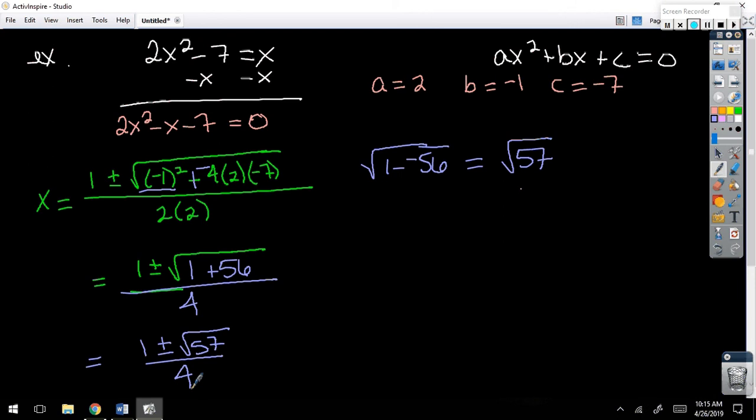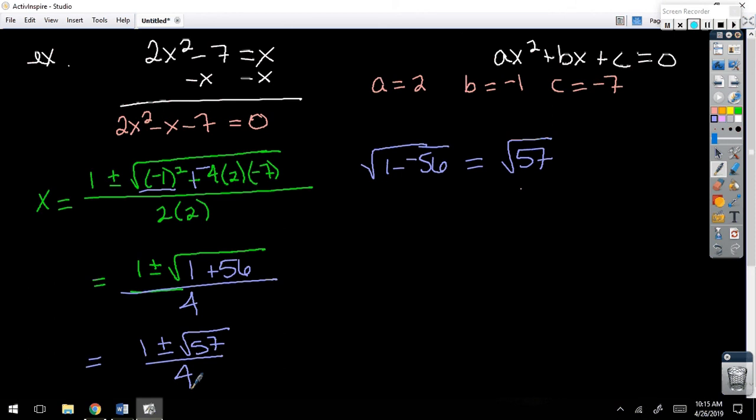Does 57 have a perfect square? No. Since it doesn't, I leave it as the square root of 57. Now, let's split up our plus and minus. We got 1 plus and 1 minus, right?